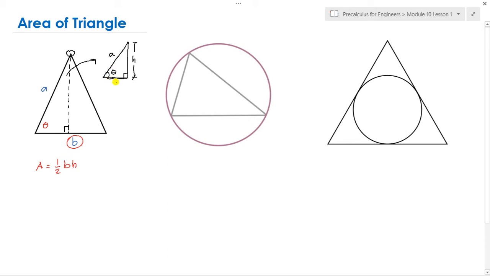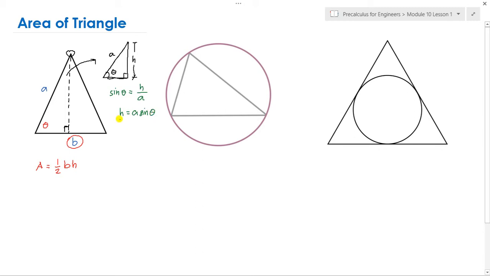Since ang atong gipangita is ang h, let's go for sine. So here in this figure, we have sine theta is equals to opposite, that is h over a, the hypotenuse a. So therefore h is equals to a sine of theta.